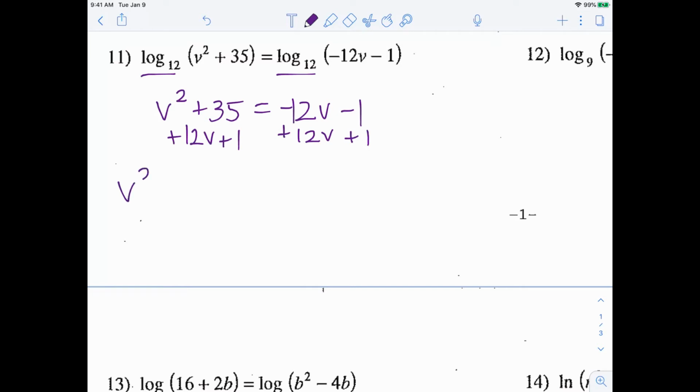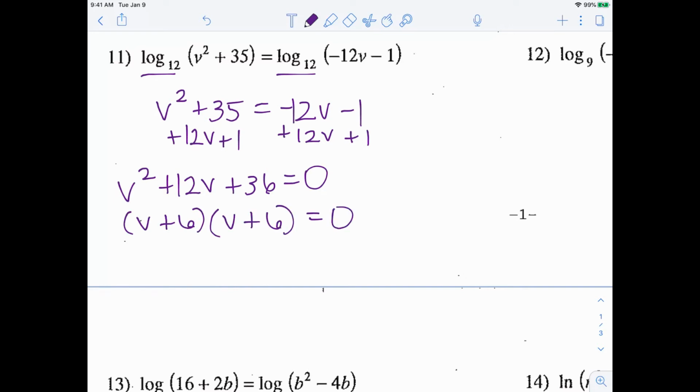That will give me v squared plus 12v plus 36 equals 0. And then we want to factor this, so I need two numbers that'll multiply to 36 and add to 12. That gives us v plus 6 times v plus 6 equals 0. So then our final answer is v equals negative 6, because each factor is the same. So setting both of them equal to 0 and solving, both will end up being negative 6. And that's our final answer.